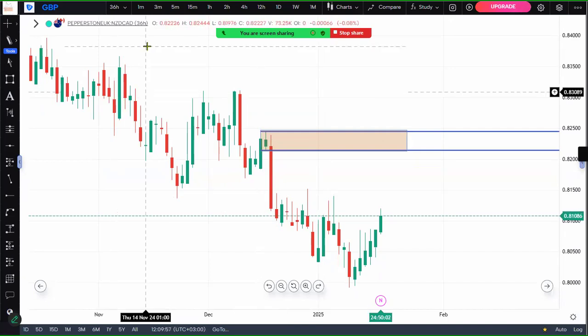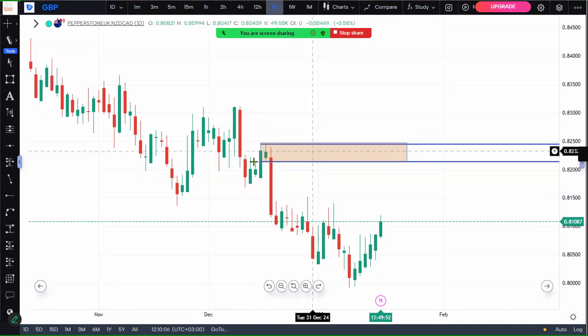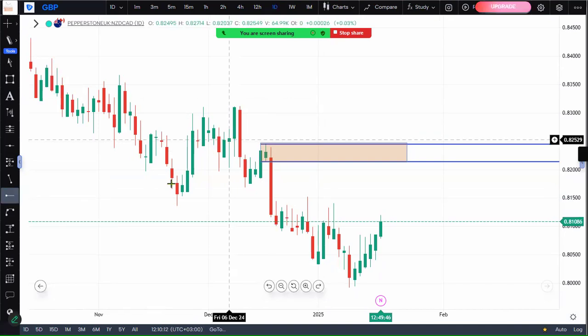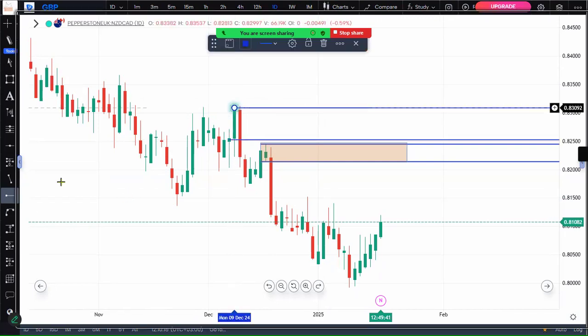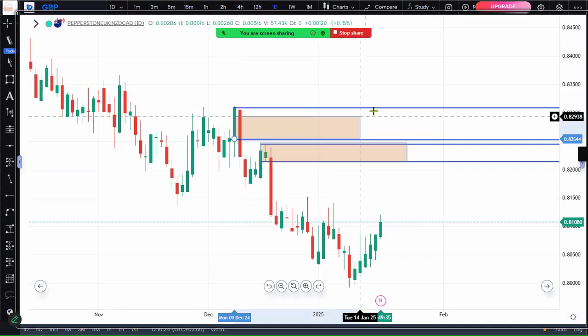Initially, we were using the daily time frame where we had this zone and another zone was above around this area. So we are going to have these two areas of interest.